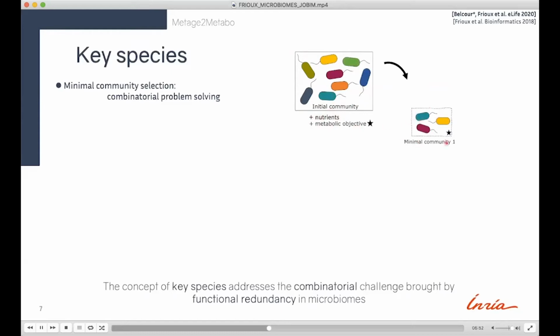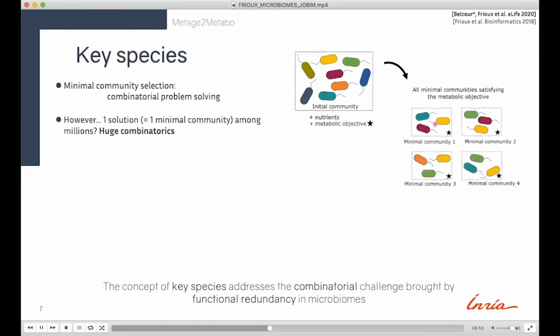So we can find a minimal community, but it's very likely that one minimal community will not be the only solution to the problem. Much more likely, we will have a lot of equivalent minimal communities, up to millions, because the metabolism is highly redundant.